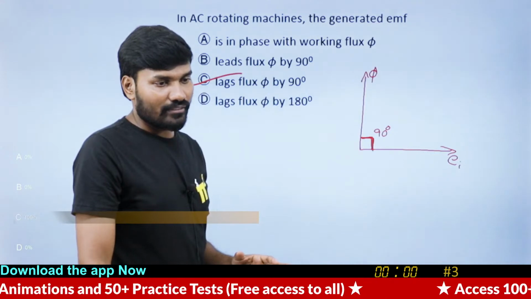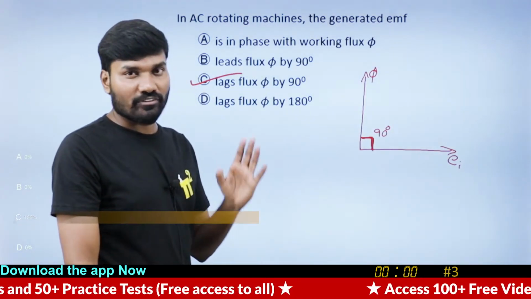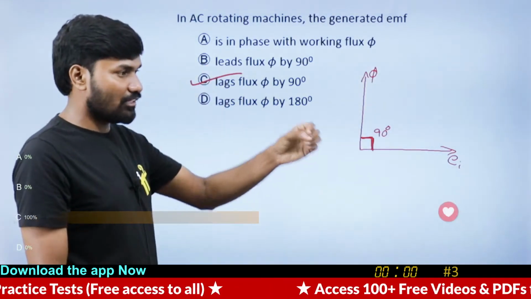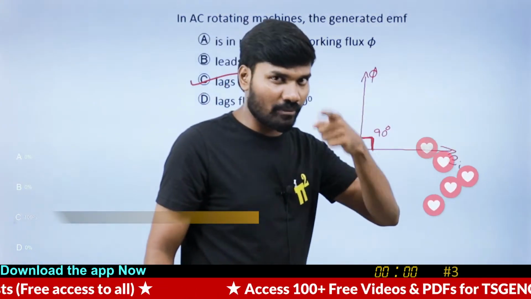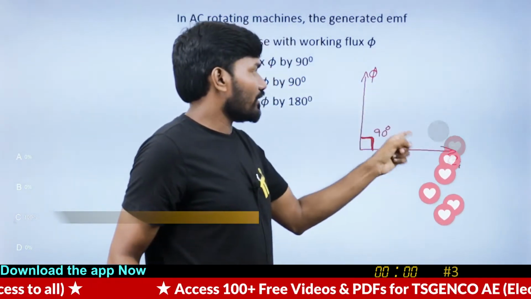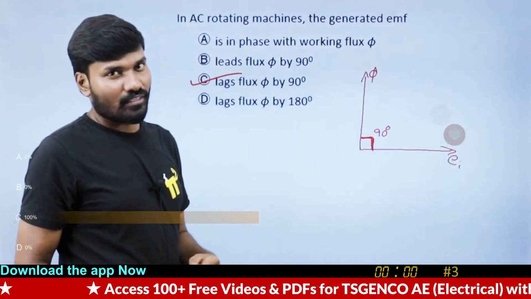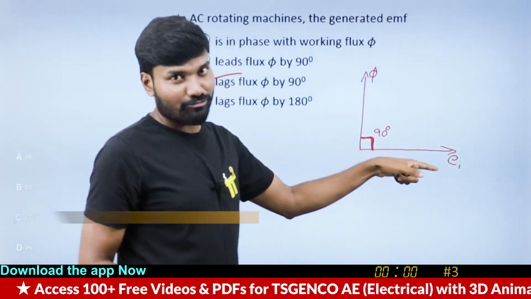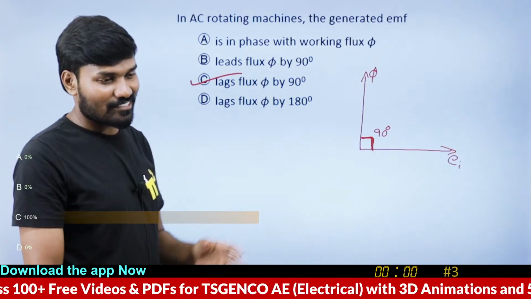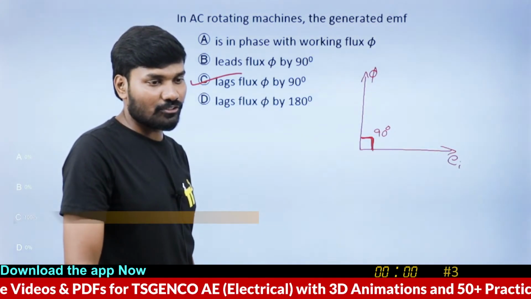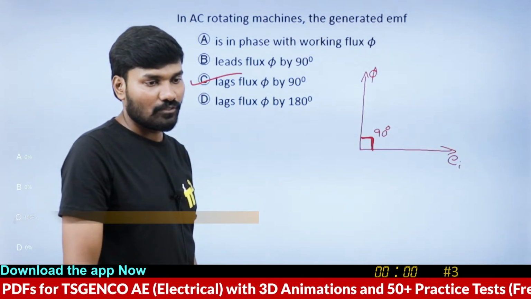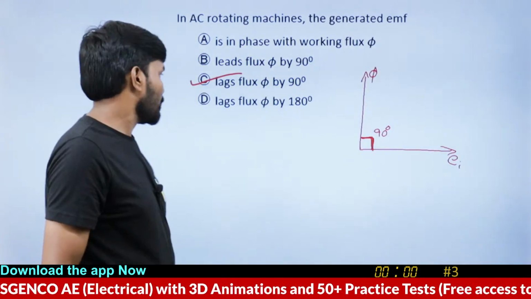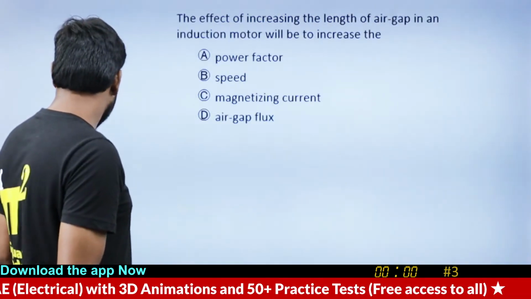It's not only true for this, for any machine. You name a machine, Faraday's law of electromagnetic induction means 90 degrees between flux and its corresponding induced EMF. Is it clear? Anything further to discuss on this? No, right? Good. Let's move to the next one then.